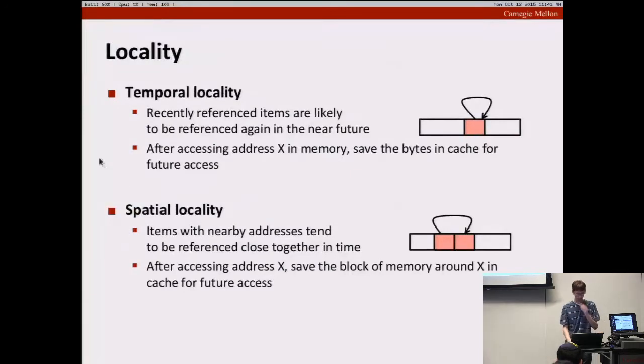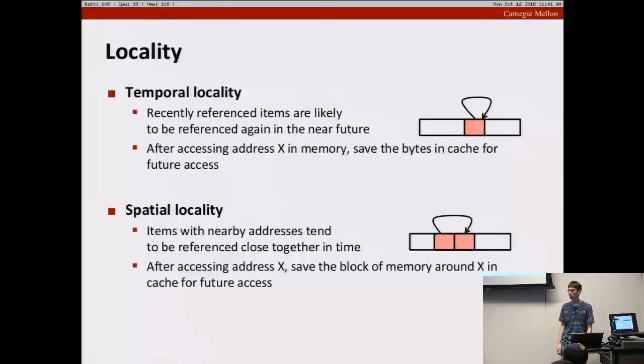When we're accessing stuff from memory, there's a property that makes caches useful called locality. This is the whole reason why having caches is a useful thing at all. The idea is that when we access data, we are probably either going to access that same data again sometime in the near future, or we'll be accessing data that was stored nearby in memory.